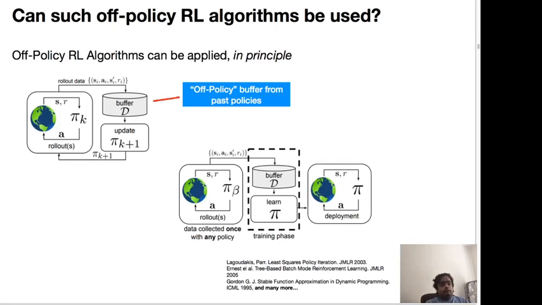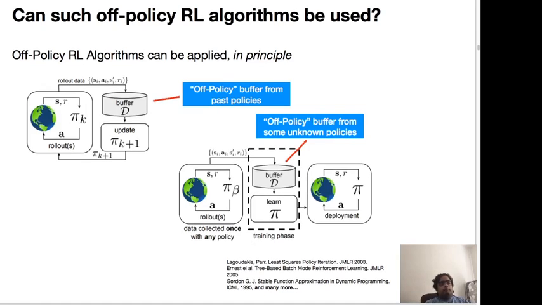In the offline RL setting, on the other hand, the replay buffer follows a very similar skeleton. The only difference is that the replay buffer consists of data coming from some unknown policies that the current agent doesn't even have any access to. However, if you recall the training objectives for training the policy pi in the off-policy setting, a lot of these algorithms, such as Q-learning or actor critic algorithms, do not necessarily use the fact that the replay buffer is coming from policies generated from a prior instance of the same algorithm.